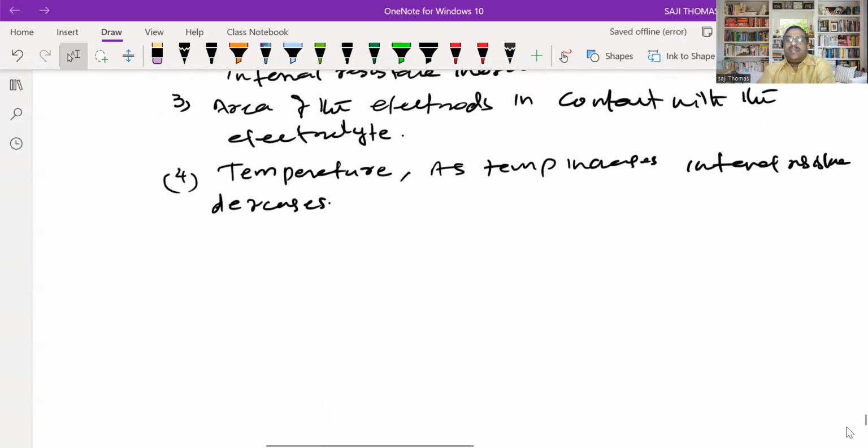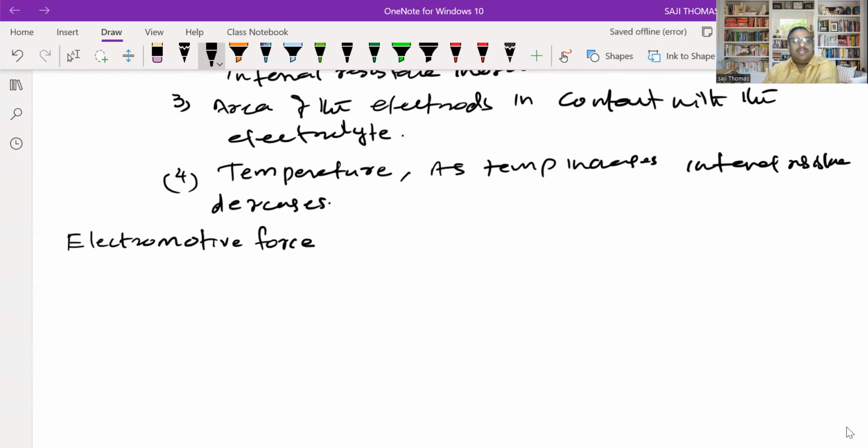Now we are going to learn another important concept called EMF, electromotive force. But despite the name, it is not a force at all.